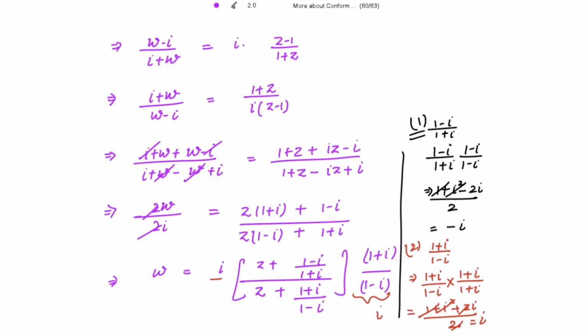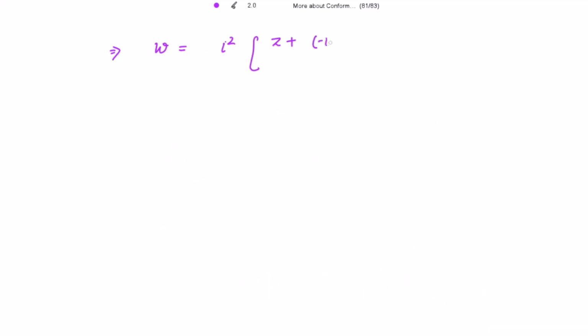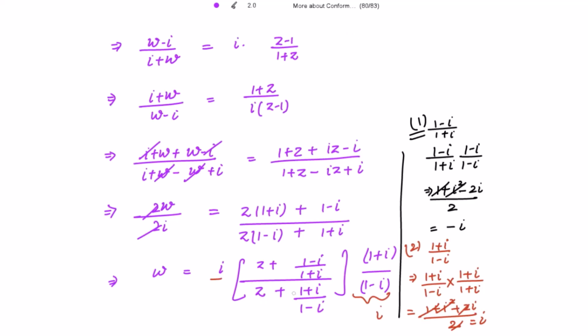So this implies w is equal to i square, and for the numerator we have z plus (1 − i)/(1 + i), which is negative i, and in the denominator we have z plus (1 + i)/(1 − i), that is i, right?